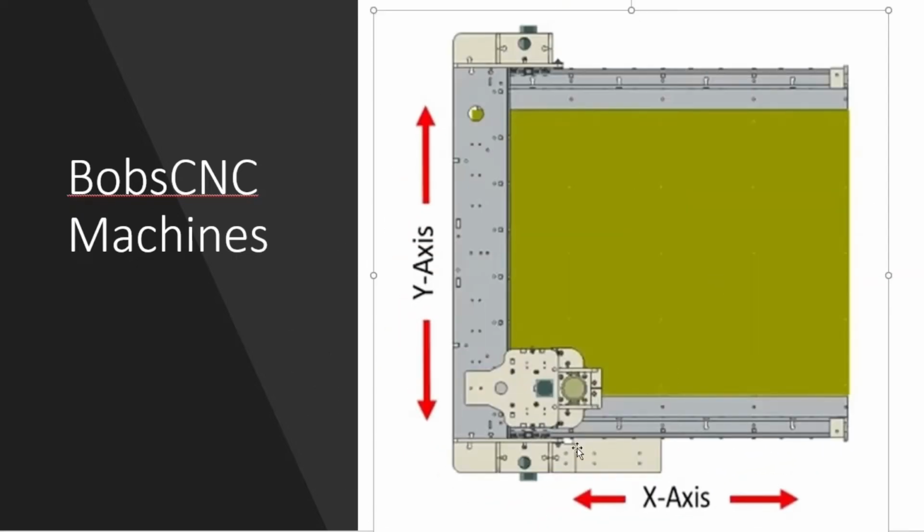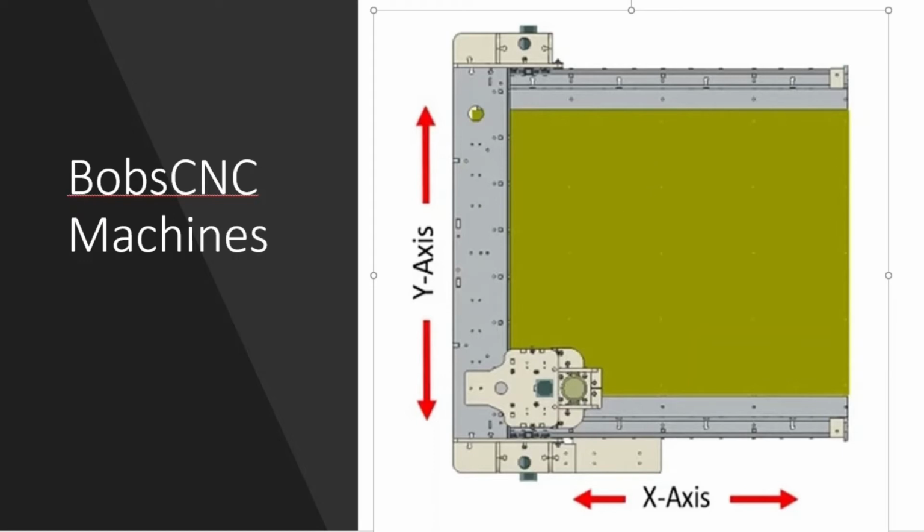Okay, this is the way you would need to look at your machine. So if you made artwork and on your screen you were looking at it left to right, you would need to actually stand on the left side next to the rail, looking towards the other rail. Now you've got your X and your Y here, okay? So it's a little bit backwards of what you normally would see.